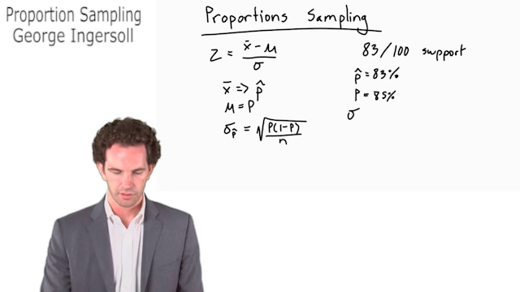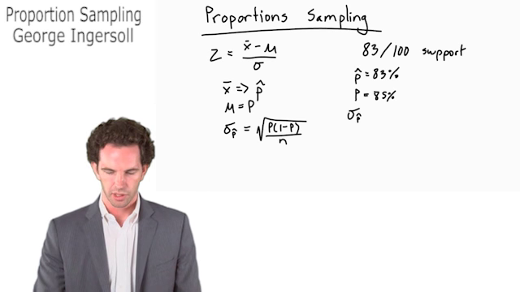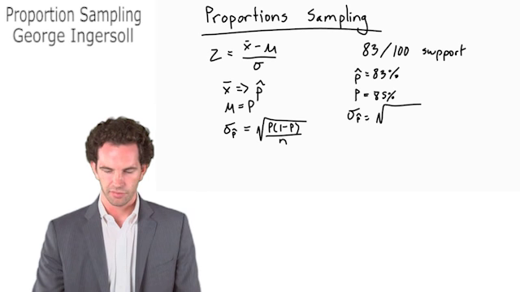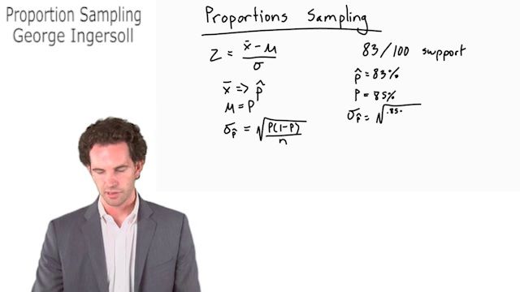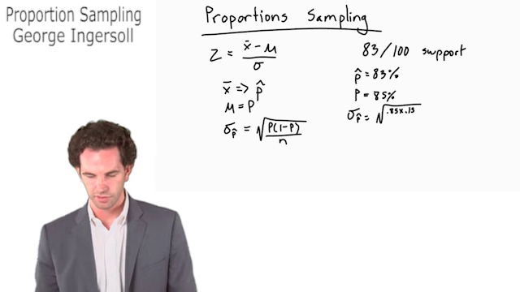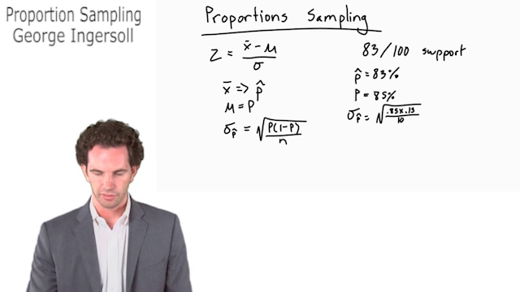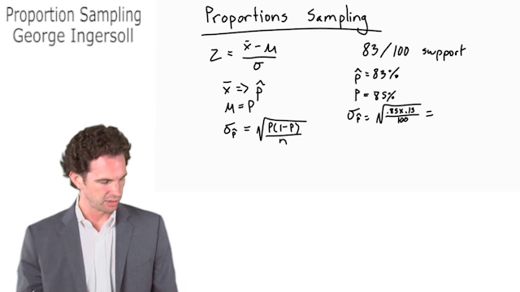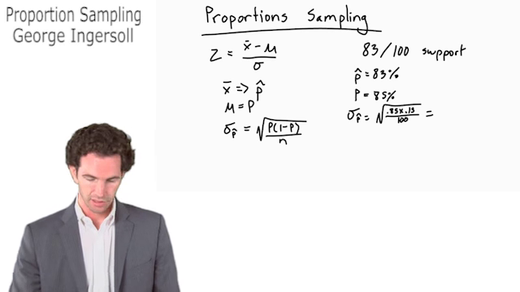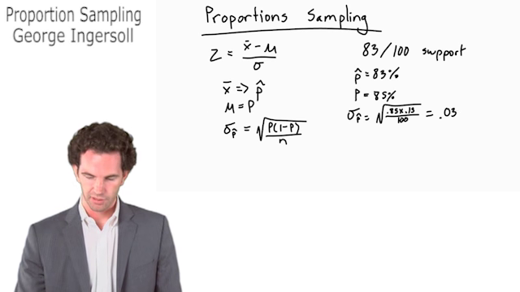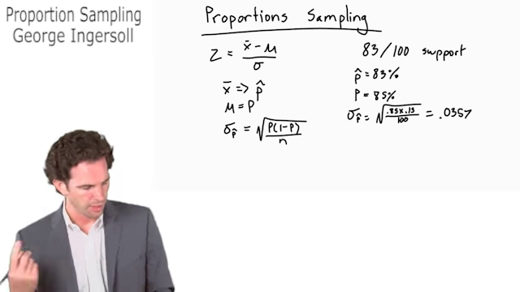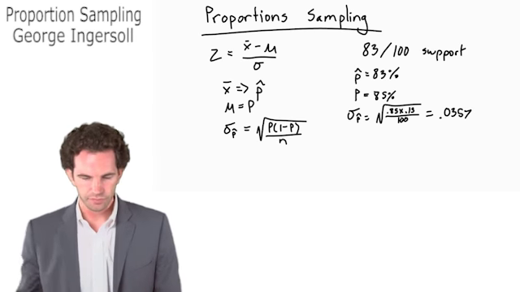And our standard deviation of our proportion is going to be equal to the square root of 0.85 times 1 minus 0.85, which is 0.15. I'm going to use the standard X for multiplication there. Looks a little bit better. Divided by 100. And if you do that calculation, what I got anyways was 0.0357.